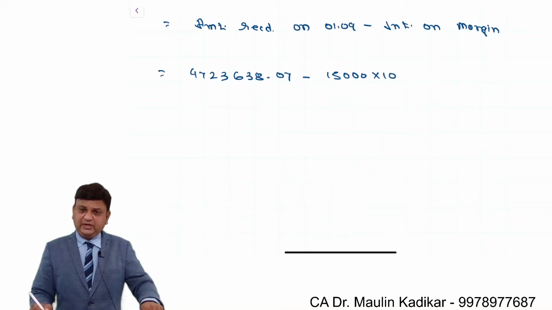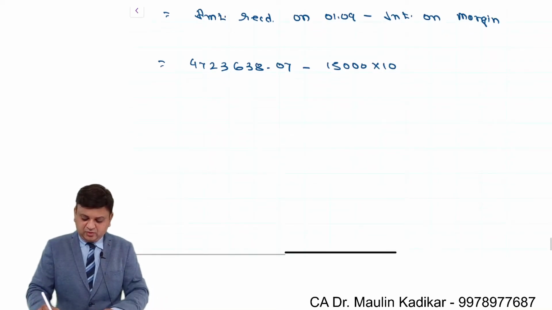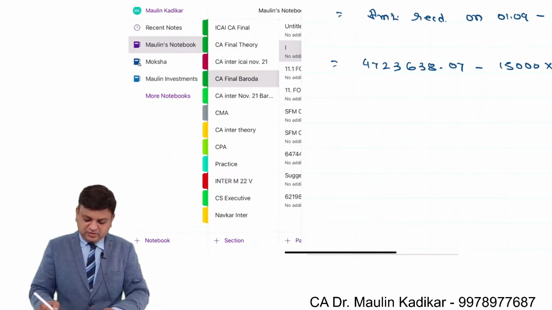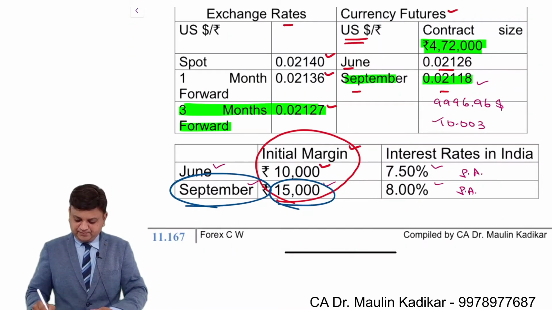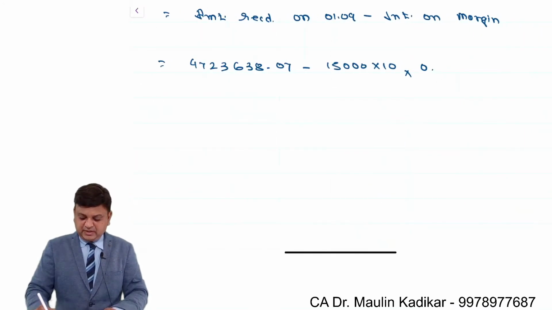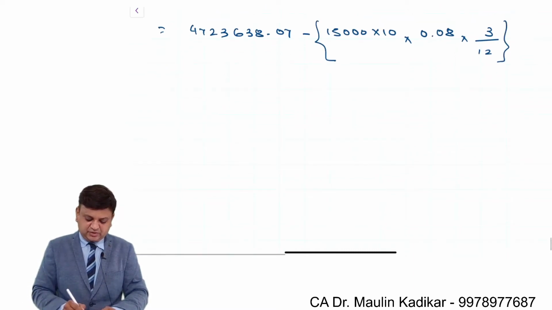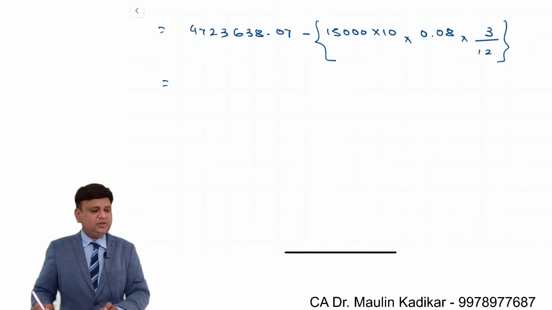So 15,000 into 10, you must have paid 1,50,000, and that amount is remaining blocked for 3 months, that is from 1st of June to 1st of September, into the rate of interest, which is provided to us in the example as 8%. And of course this rate of interest is required to be considered as per annum. So 0.08 into 3 divided by 12.